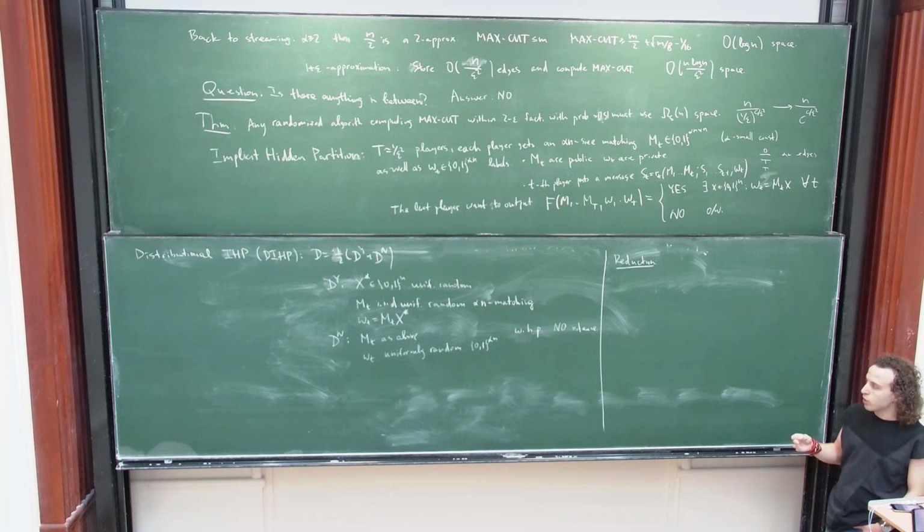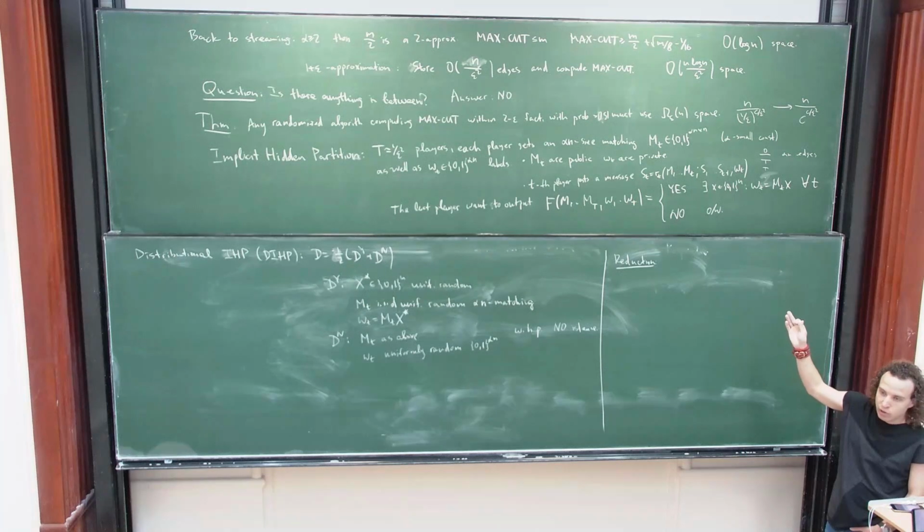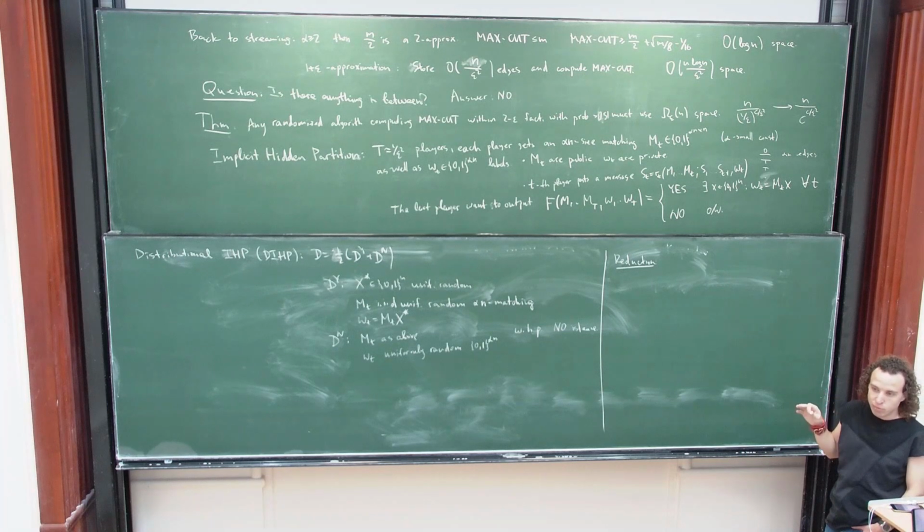It probably would work if we just had edges and the matchings were private, but it's much harder to argue about communication of information about matchings rather than communication of information about uniformly random bits.